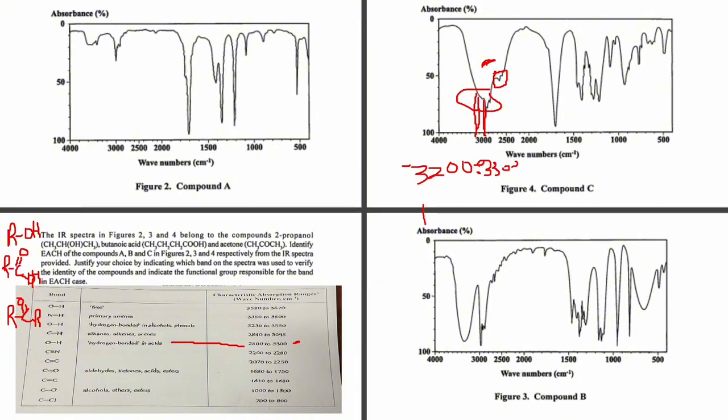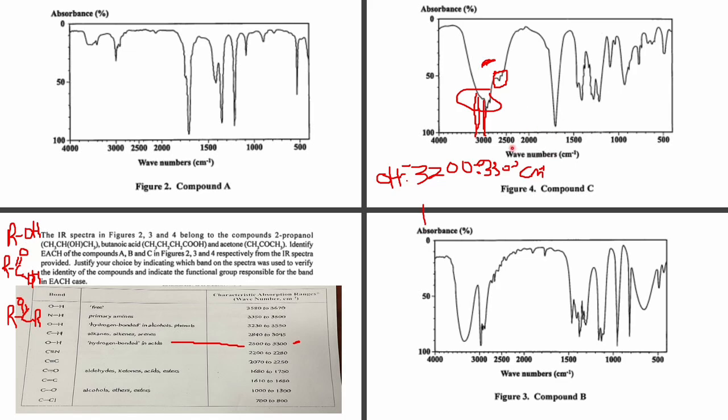So I've written the number along with your centimeters inverse. So I would have written the wave number, cm minus 1, and then I would have given the OH functional group with that respective number as part of my justification.